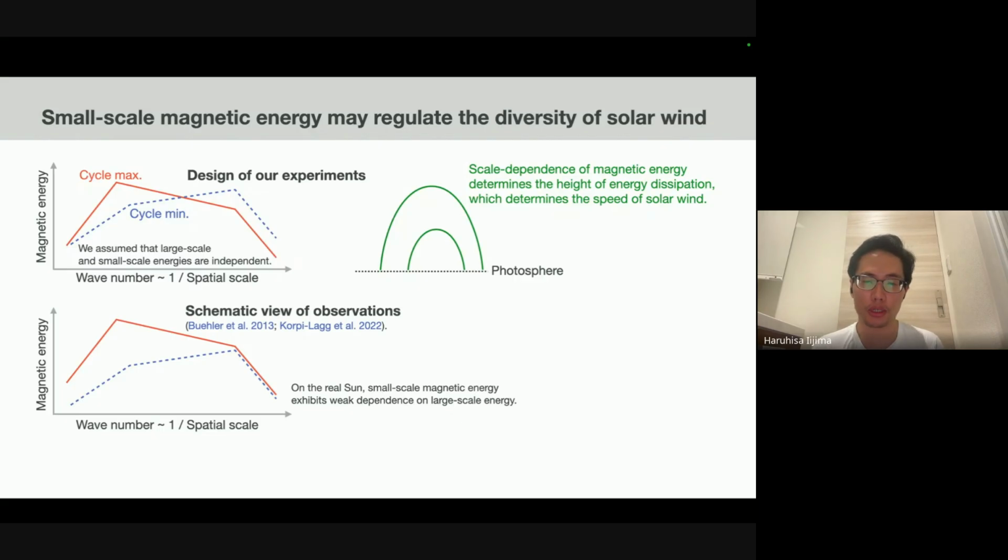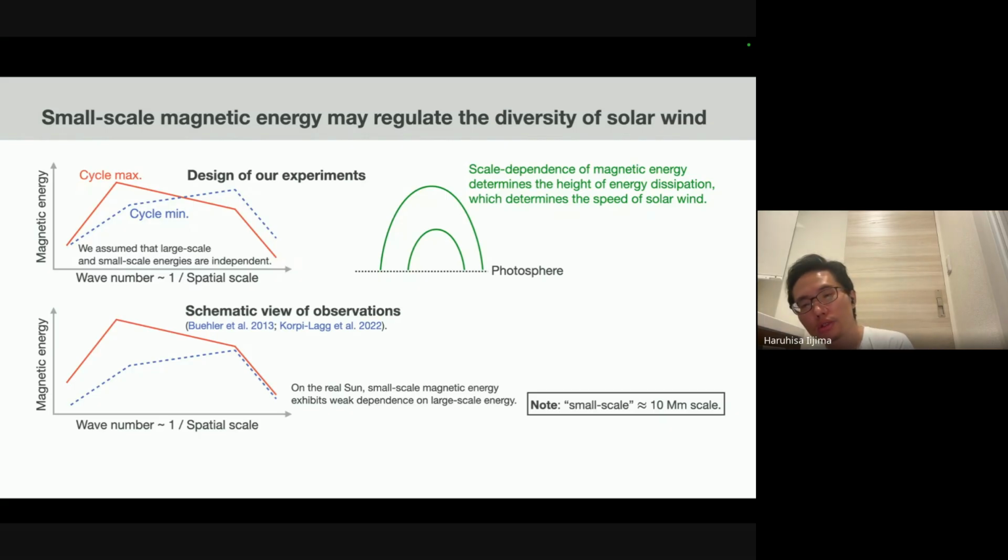Magnetic energy is very uniform on the solar surface. So this is the problem in the design of our numerical experiments. Please note that the small scale in this study is about 10 megameters, in other words, the network scale or the supergranular scale.